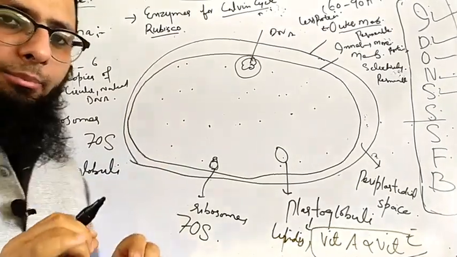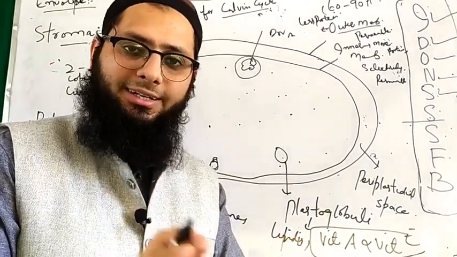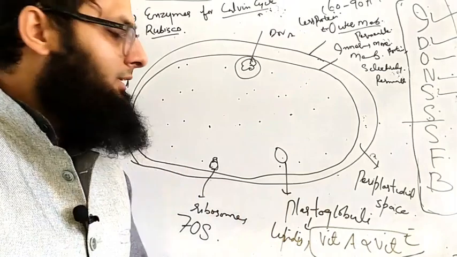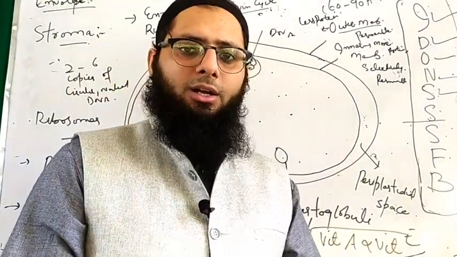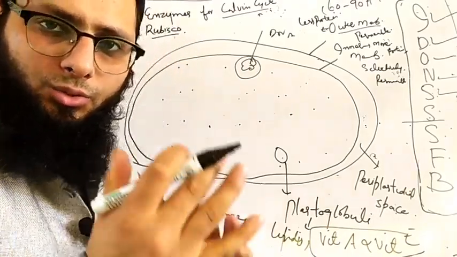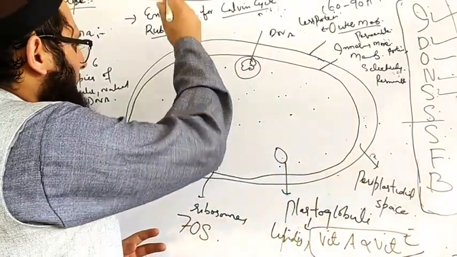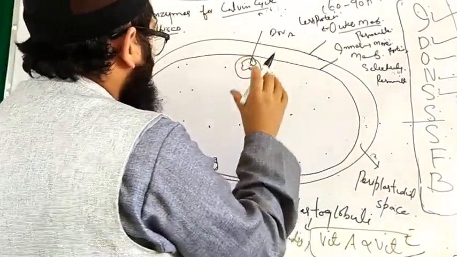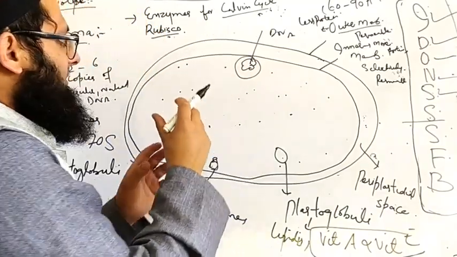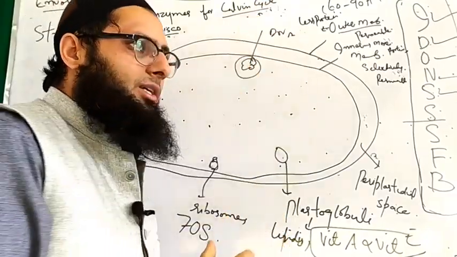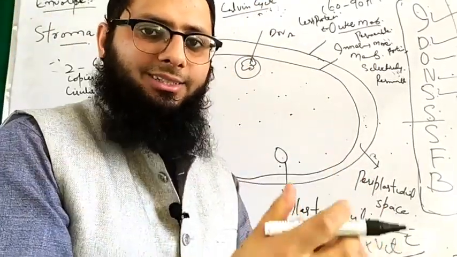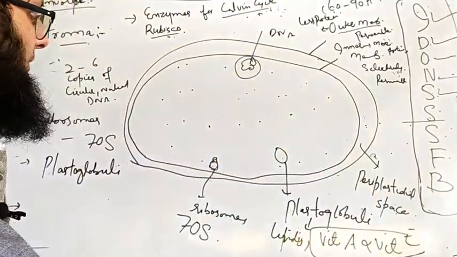Rubisco is the most abundant enzyme present on this planet, right? If sometimes you are asked which enzyme is the most abundant on the surface of earth, your answer will be Rubisco. It is present in the stroma, and it is involved in the C3 cycle, the Calvin cycle, for carrying out the dark reaction of photosynthesis.